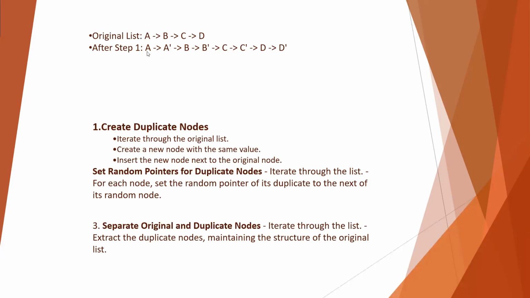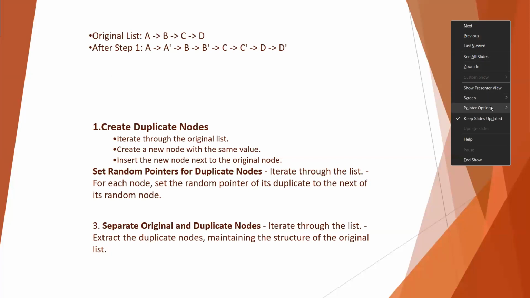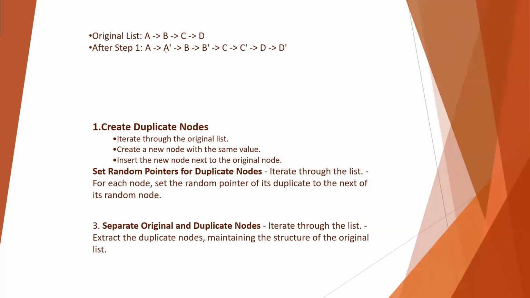How? For example, A's random pointer is pointing to, let's say, C. So I know that A dash's random pointer, where A dash is A's next, will point to C's next.